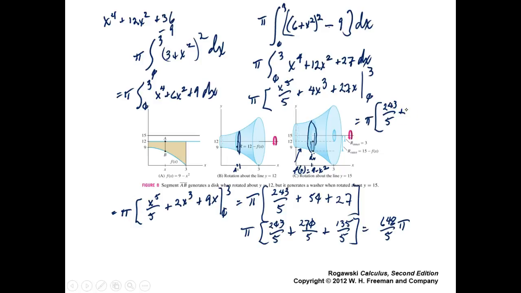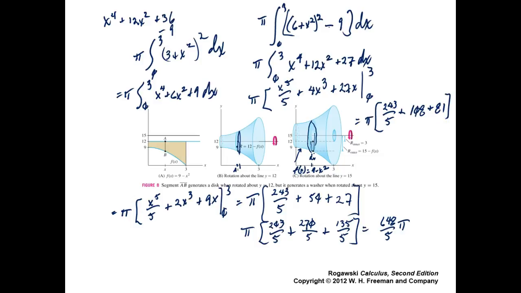Okay, plus. Now, we had 2x cubed before, so this would be just double that. 108, right? And then 27 times 3, I think we know what that is, don't we? Okay.